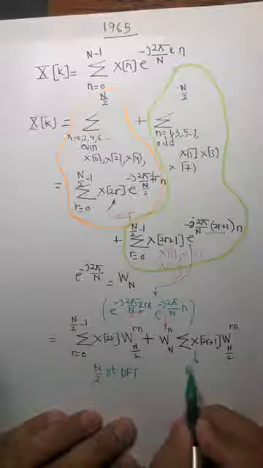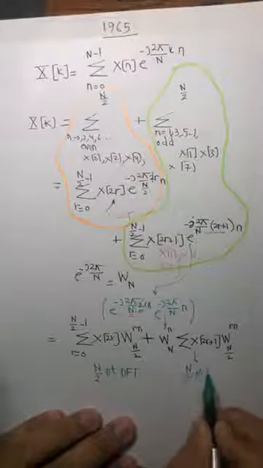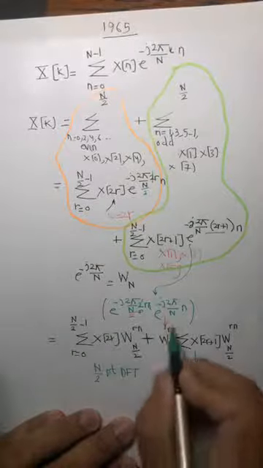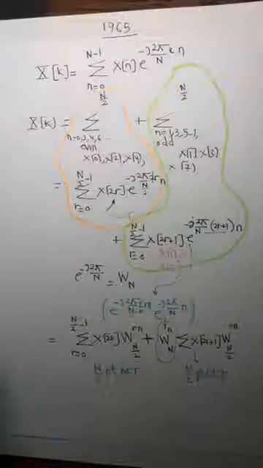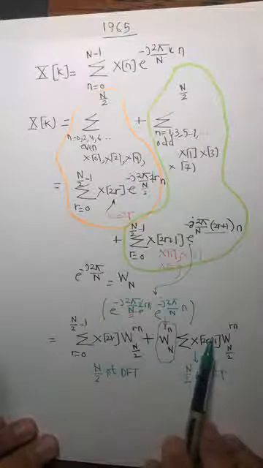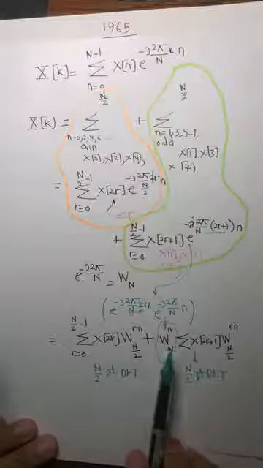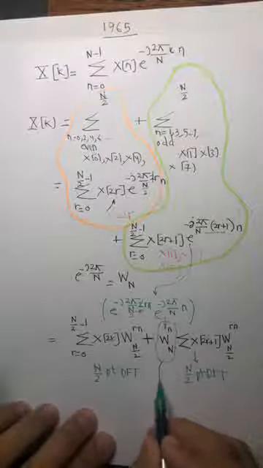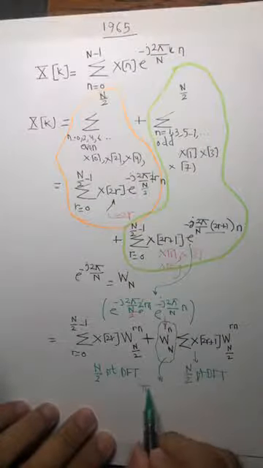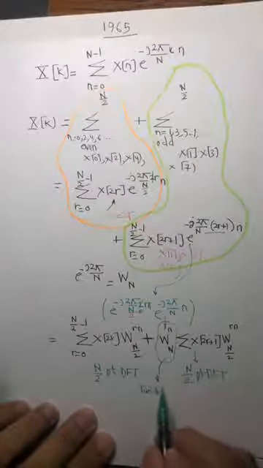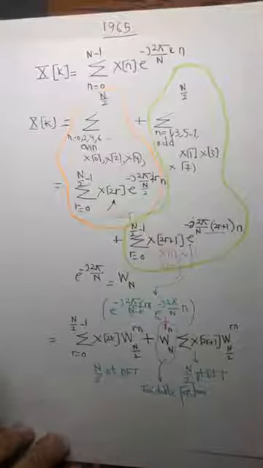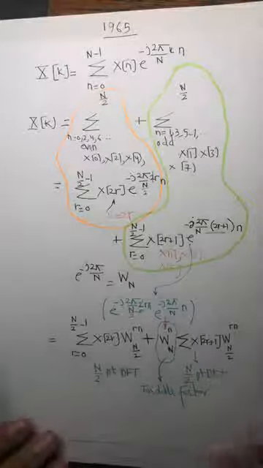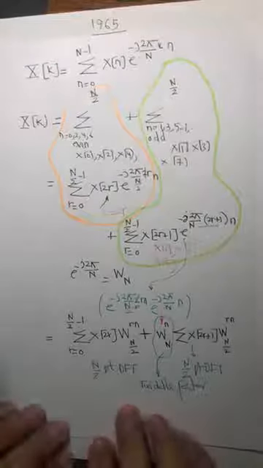And this is again an n by 2 point DFT, but there is this factor which, while combining the two n by 2 point DFTs, you have to multiply with, which in FFT is known as the twiddle factor. It's a very famous name for this factor.